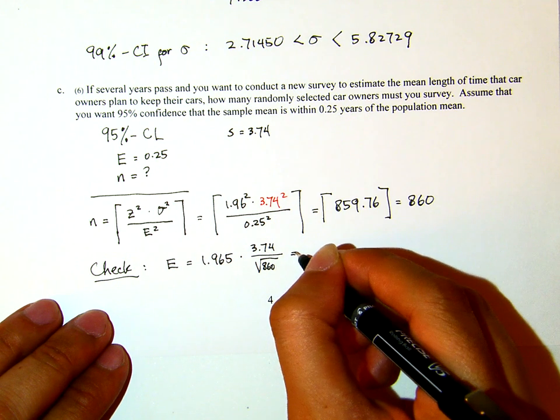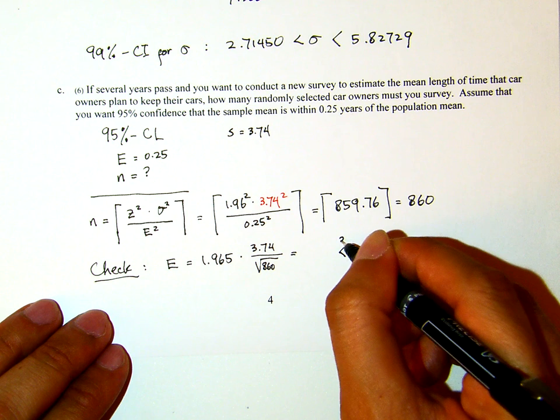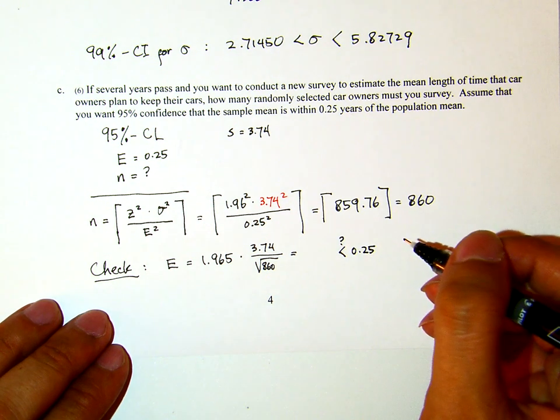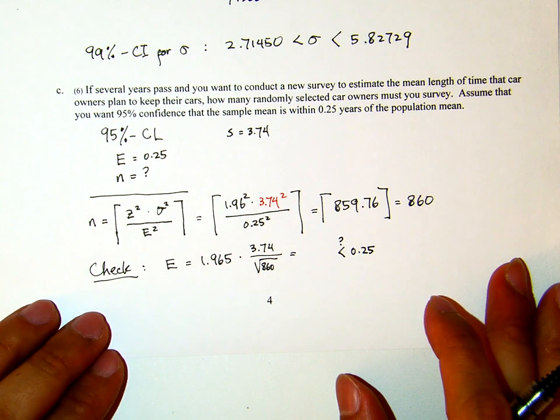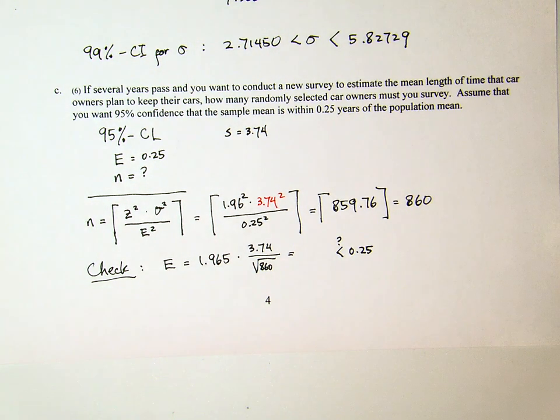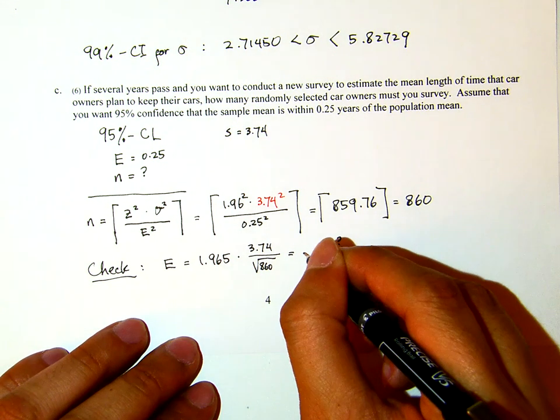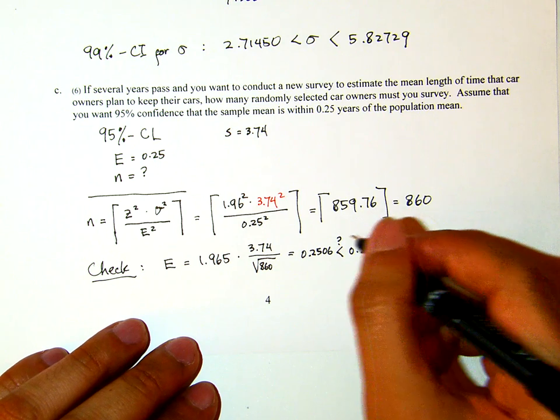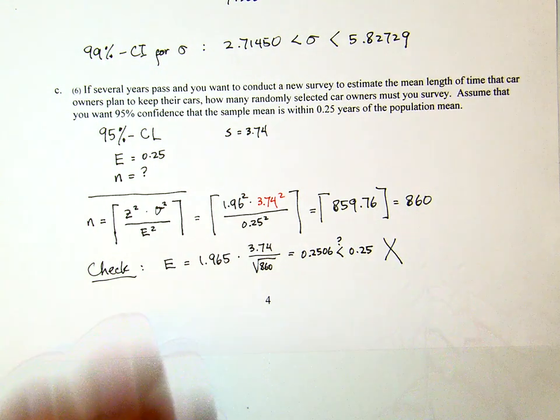Will this give me a number less than 0.25? If yes, then we'll use that number. Okay, 1.965 times 3.74 divided by the square root of 860. I get 0.2506. You see that it is not, right?